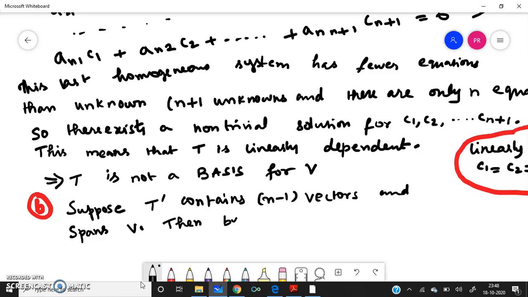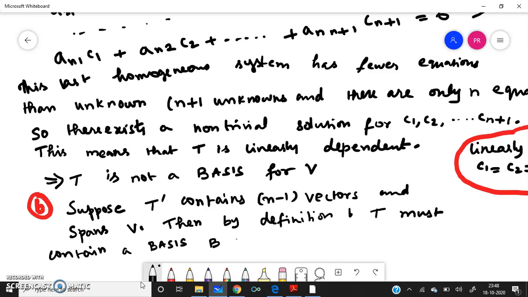Then by definition 1, T must contain a basis B for V. Suppose B contains r vectors.